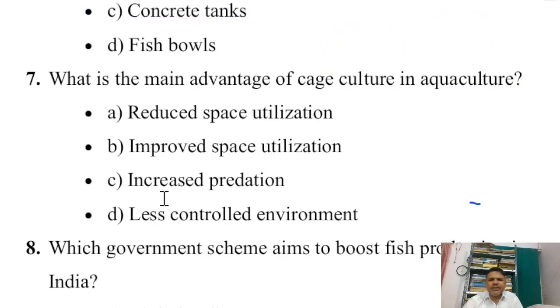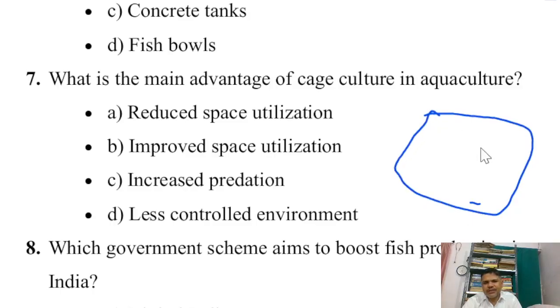What is the main advantage of cage culture in India? So what is a cage? A cage is a structure or a confinement in which we put some animals such as birds, and now this type of cage is also employed for fish culture.